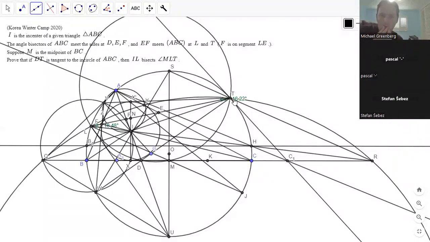No, in the general configuration, T is just the intersection of EF with the circle. Oh, sorry, EF, that's right. That's how we define it. So you get T and L and two tangents. Wow, that's really interesting. I'll have to check it out later, see if I can prove it.